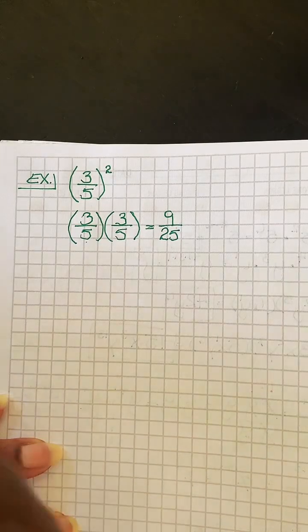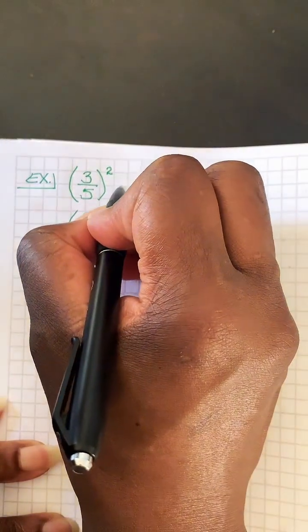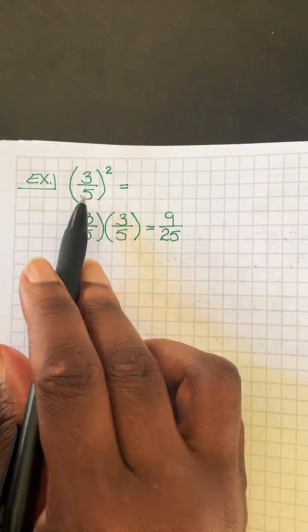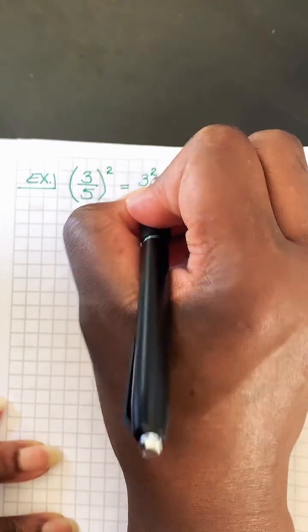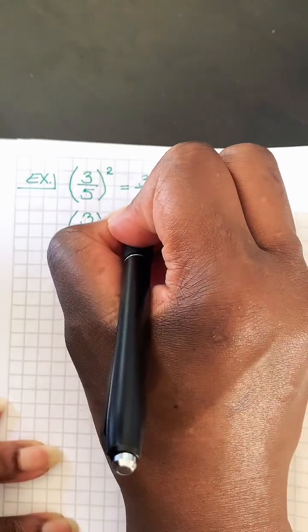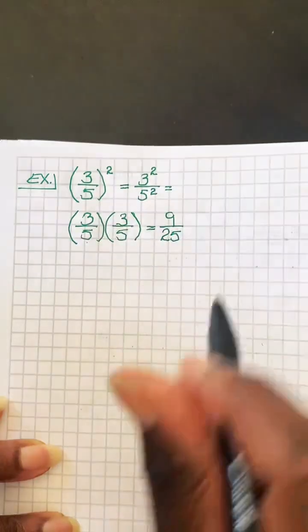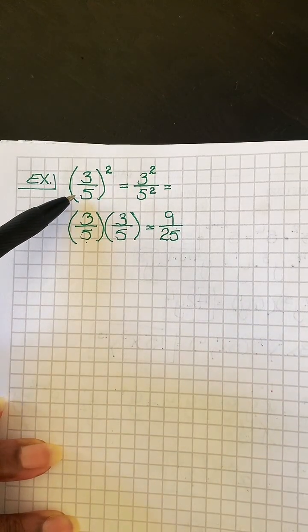The slightly advanced way of doing it is you're basically taking everything inside this parenthesis and you're raising it to the second power. So that means I'm raising the 3 to the second power as well as the 5.